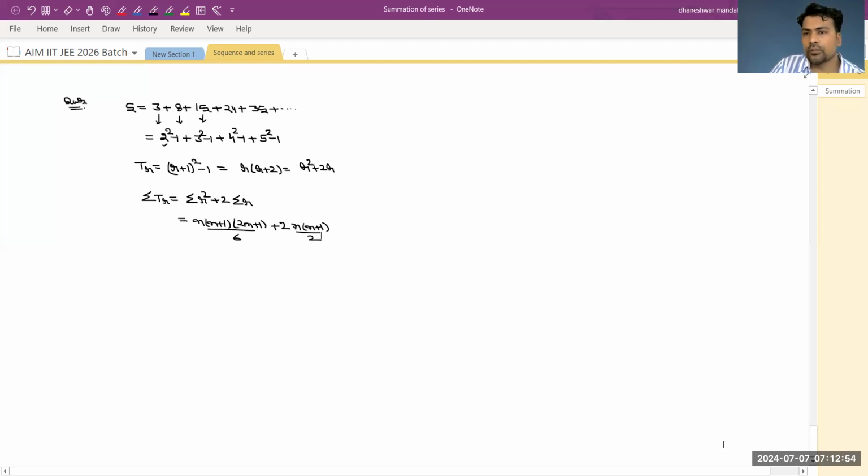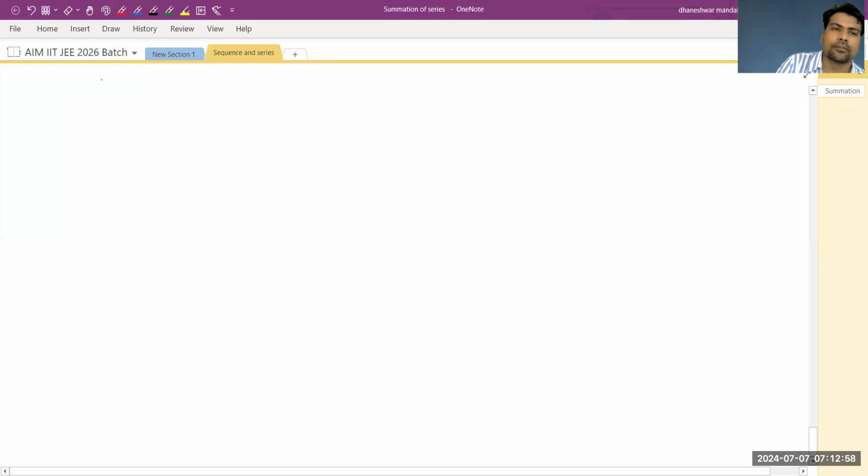Now I'm going to take one more good example from GP. See, here we have one summation, and this summation is equal to 1 plus 1 by 3. Then again we have 1 plus 1 by 3 plus 1 by 3 square.